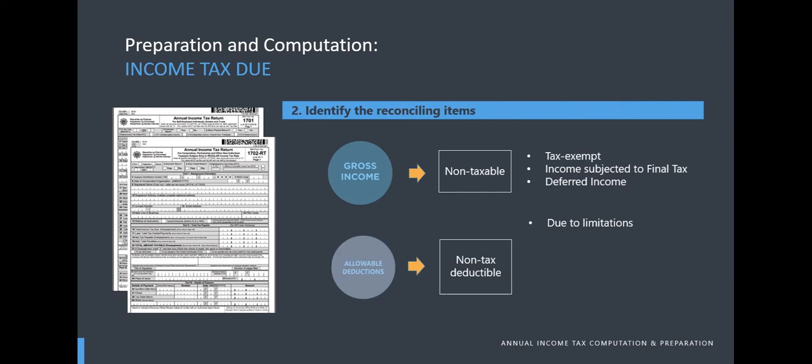It may be due to limitations. We have three kinds of limitations as discussed previously: the charitable contributions, the interest expenses, and then the representation expenses.